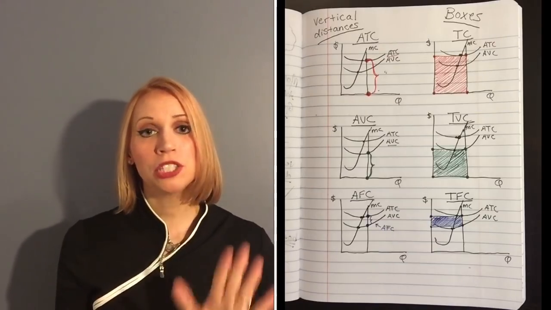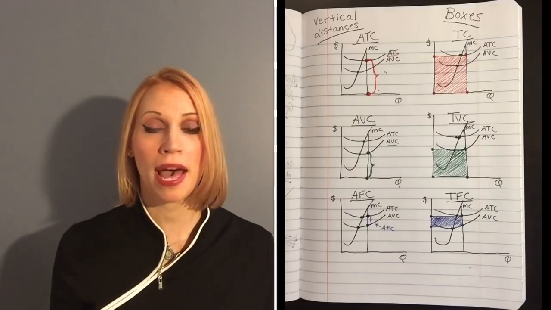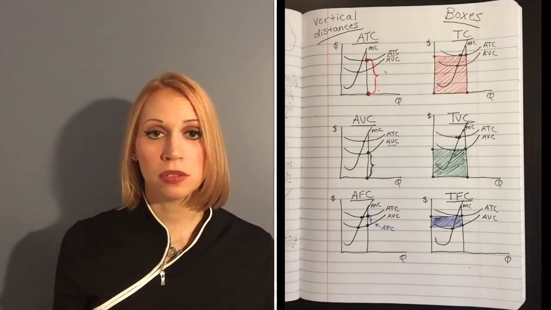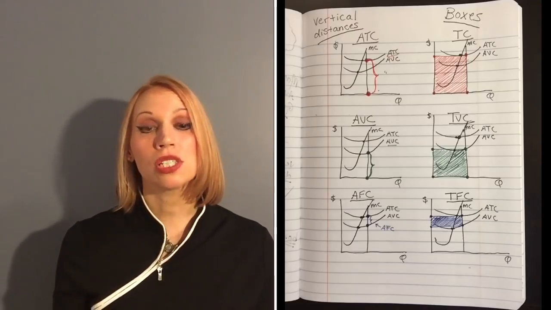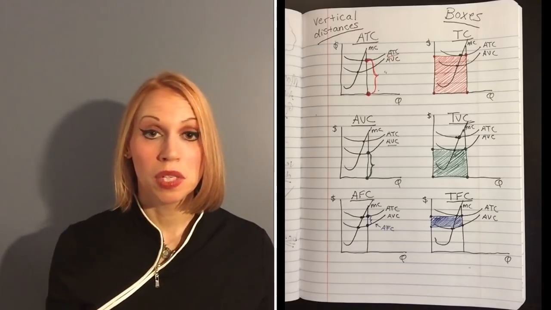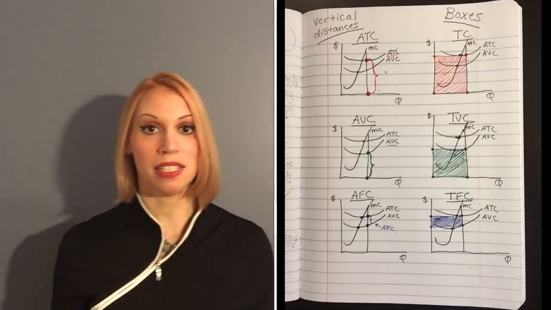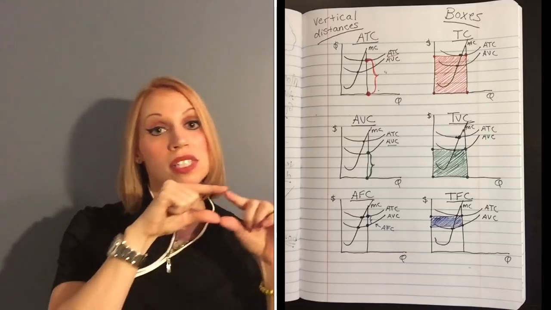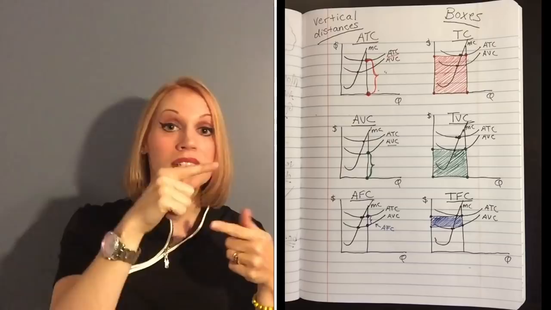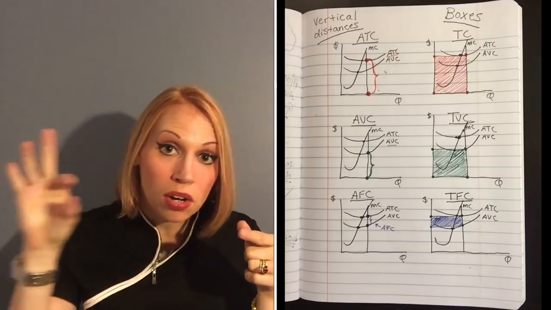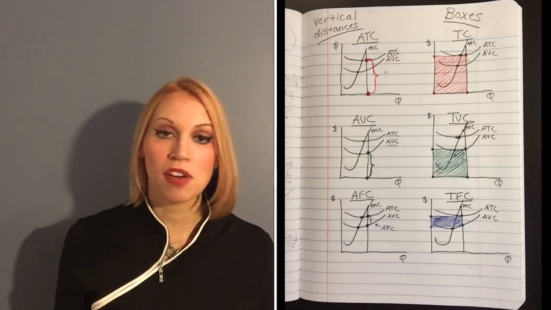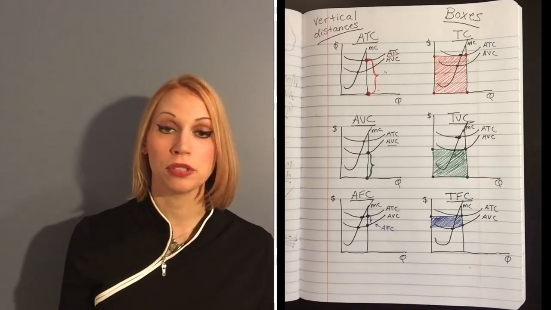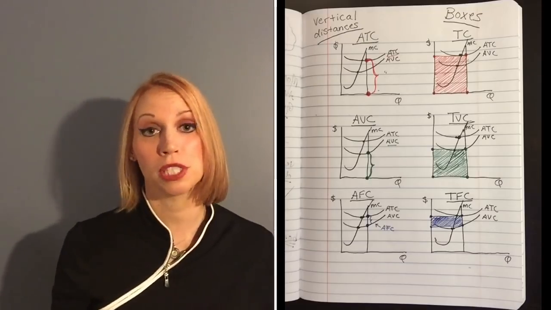So when you find your totals on a marginal average graph, then what you're really doing is length times width. So total cost is just going to be a rectangle that's coming off of the ATC curve, and total fixed cost is a slice of a rectangle that's coming off of the average fixed cost vertical distance. You may be asked to identify or shade in these values on a multiple choice or free response question.